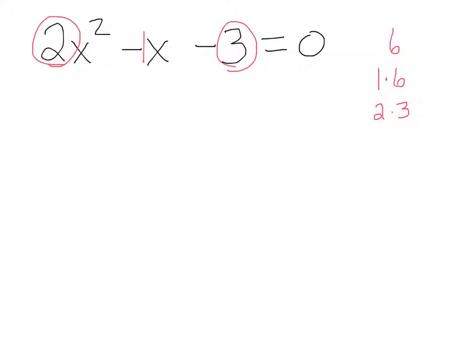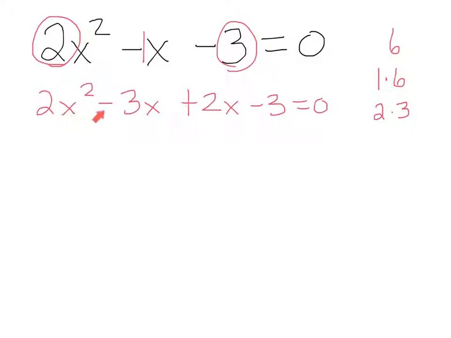So I'm going to write 2x squared minus 3x plus 2x minus 3 equals 0. Now, negative 3x plus 2x is negative 1x. Okay?